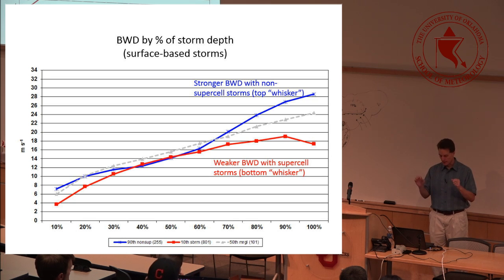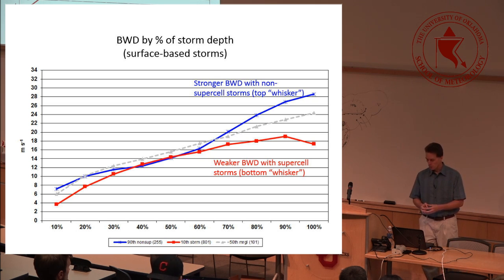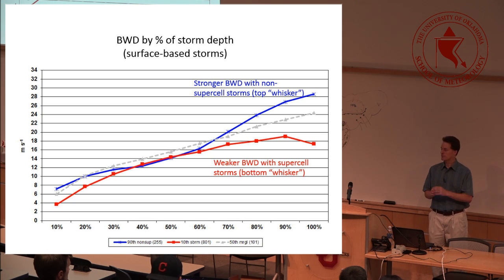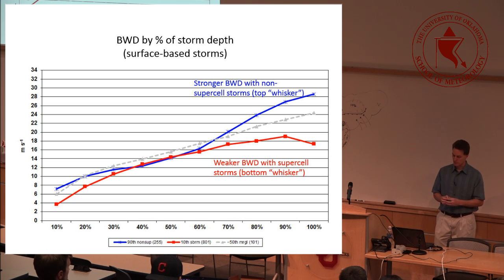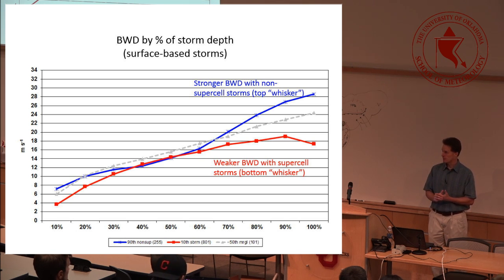The red line is the 10th percentile, or the bottom whisker, of the supercell storms. So the question here is, you want the biggest difference between the two distributions. In other words, you don't want overlap. And where is the overlap the least? It's right there in the middle, about halfway up the storm depth, which is noted by 50%.